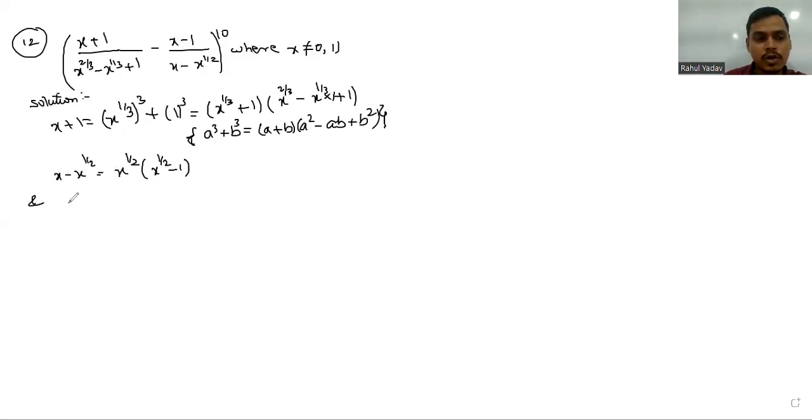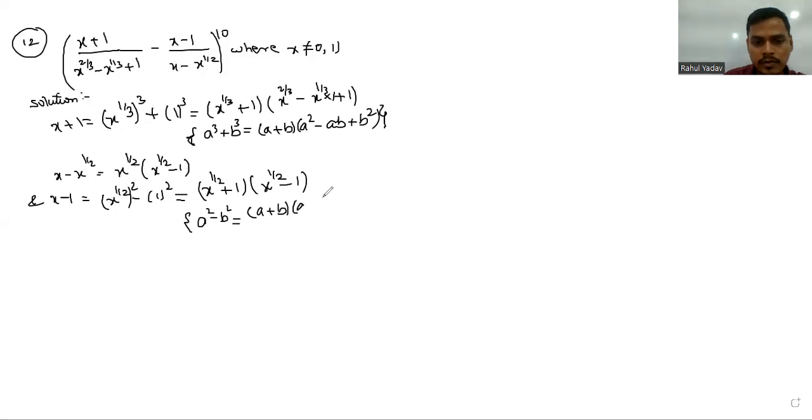We can simplify the numerator in the same way: x - 1 can be written as (x^(1/2))^2 - 1^2, which is in the form of the a square minus b square formula, that is (x^(1/2) + 1)(x^(1/2) - 1). You know the formula a^2 - b^2 = (a + b)(a - b). Clear, student?